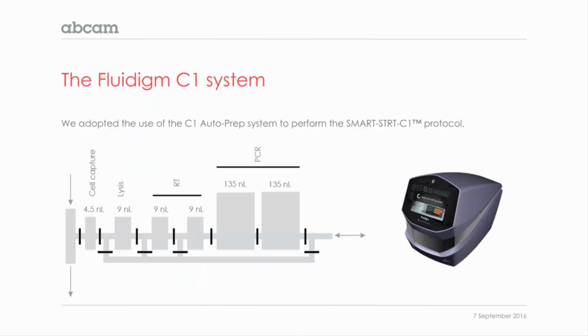Now, to perform this protocol, we started to use about 3 years ago the Fluidigm system. Very briefly, the Fluidigm system is a commercial microfluidics platform that allows you to perform cell capture, lysis, reverse transcription, and PCR on chip in very tiny chambers that are all controlled with a valve system.